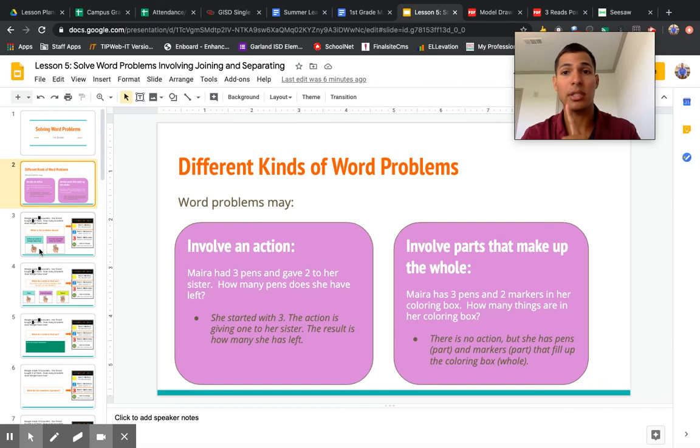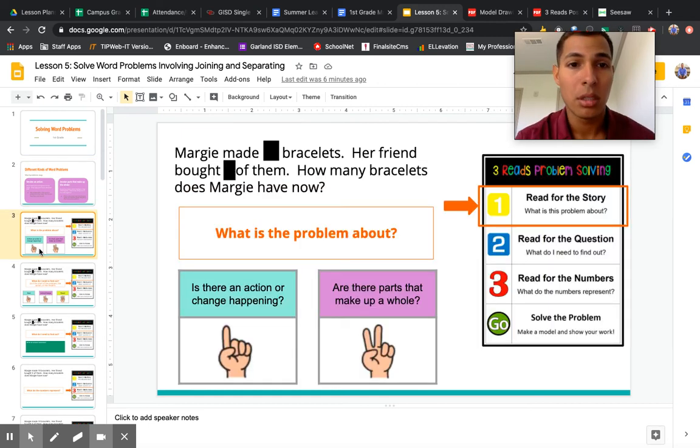So let's get started with example number one. Margie made blank bracelets. Her friends bought blank of them. How many bracelets does Margie have now? What is the problem about? Is there an action or a change happening?